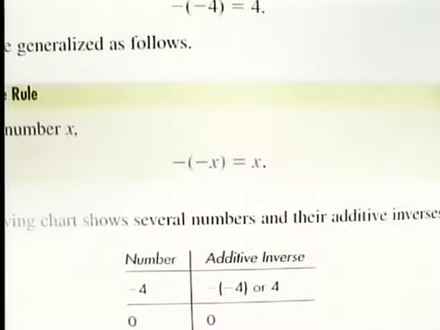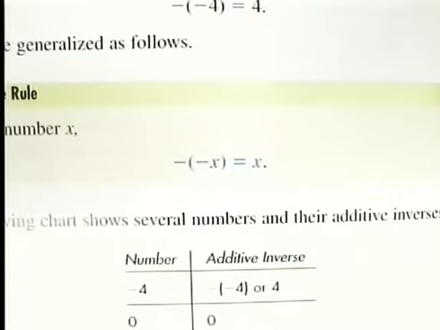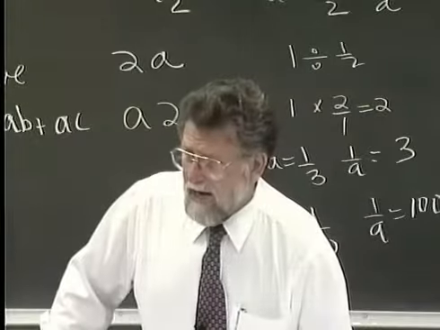Let's try going to page 32. This is called the double negative. So you have the inverse of the inverse of x, which is x. Now in English, you know that as the double negative.